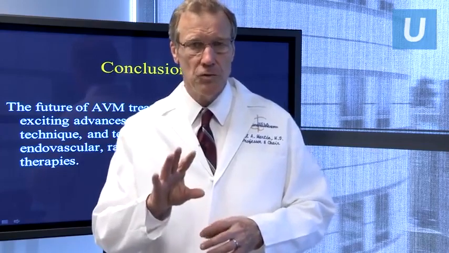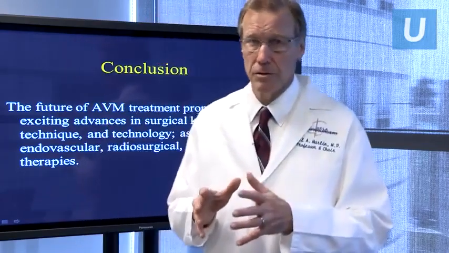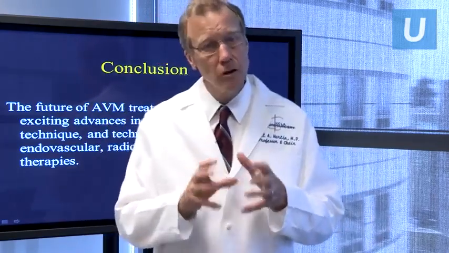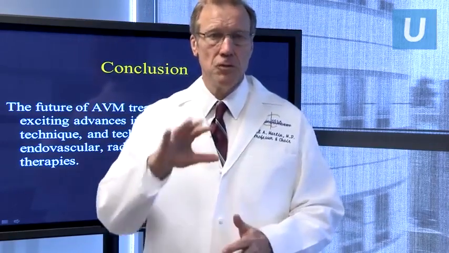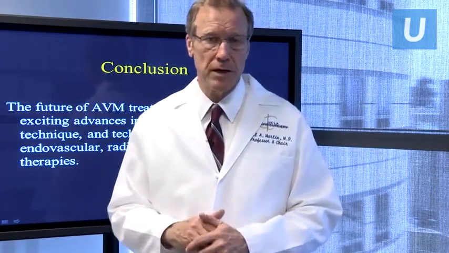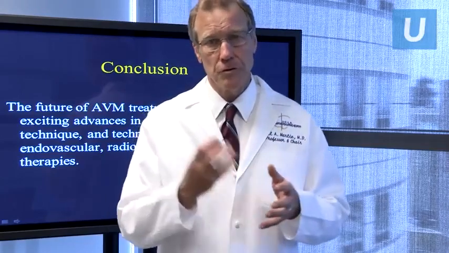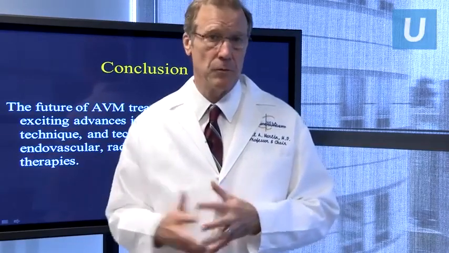The other issue in AVMs that have not ruptured that is critical is the location of the AVM. Superficial AVMs on the surface of the brain seem to have a lower risk of hemorrhage than those deep in the brain or in the cerebellum or brainstem.